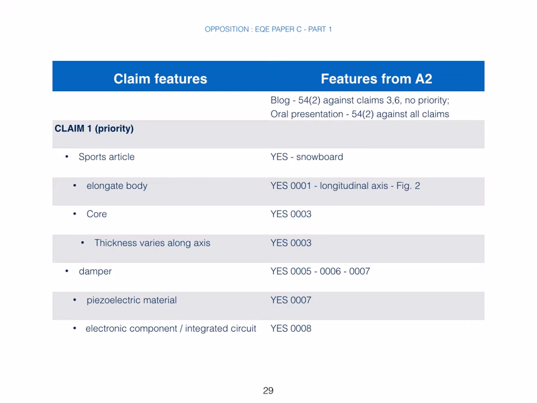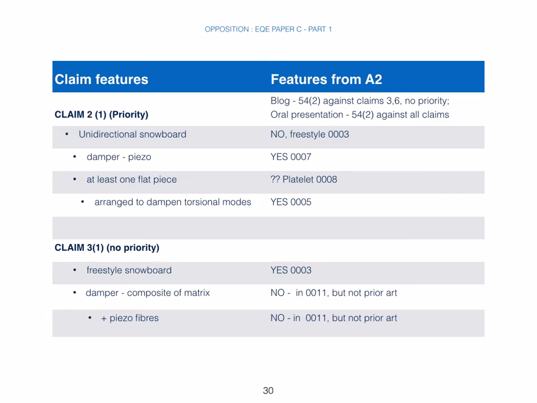Does the damper have piezoelectric material? Yes, paragraph 7. And does it include an electronic component or an integrated circuit? Yes, paragraph 8. So that looks promising for lack of novelty of claim 1, but first we need to check what is the impact of Annex 2 for the other claims.